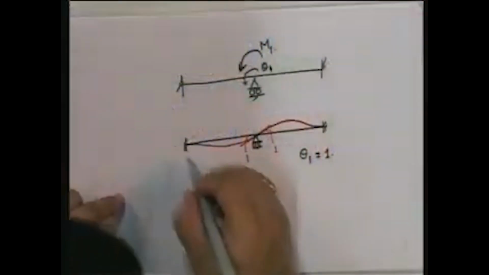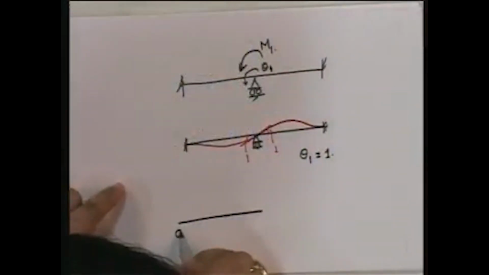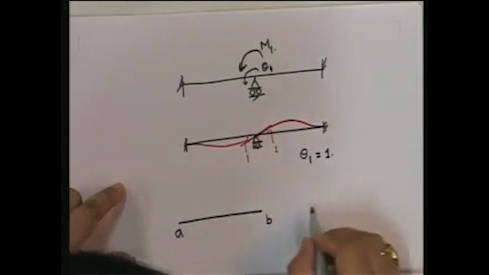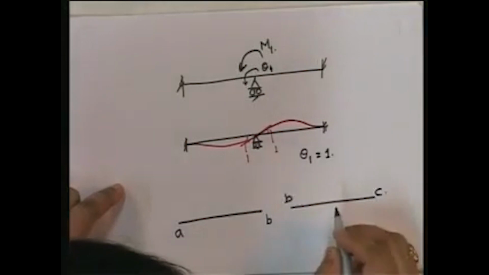All displacements that we are going to consider in this case are going to be small. Okay? So this is my rotation pattern. Now what next? What next is, I take this to a member level. I take member AB, and I take member BC.